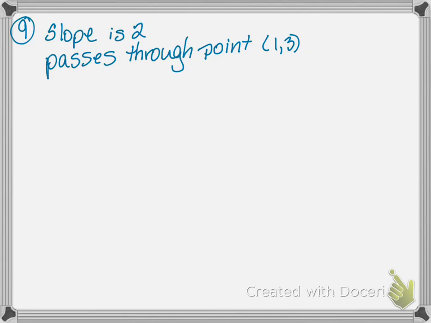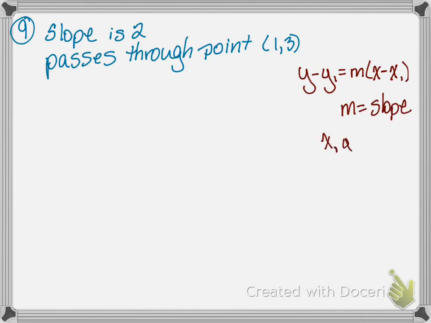For this particular problem, we are going to have to use the point slope form of a line, and that is y minus y sub 1 equals m times x minus x sub 1. And m is your slope, and x sub 1, y sub 1 is any point on the line.